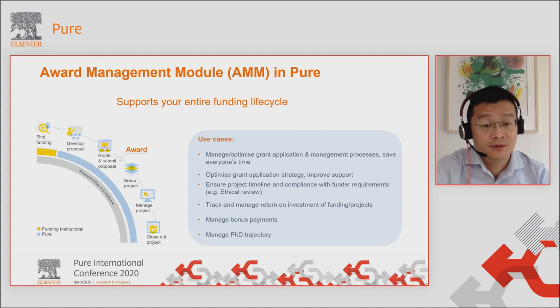Typical use cases include managing the grant application process, optimizing your grant application strategies, and finding areas to improve so that you can give better support to your researchers. It is also used to ensure compliance with funders' requirements, and to track the return on investment on your fundings or projects.